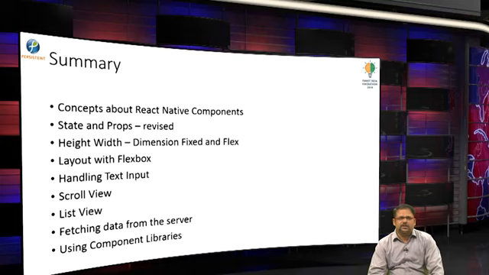React Native itself does not have anything of its own to make asynchronous calls to fetch data from the server, so that can be explicitly taken care of in a variety of ways. You can use the fetch API, or you can use the XMLHttpRequest object to make an AJAX call. We also saw how we can use different component libraries.